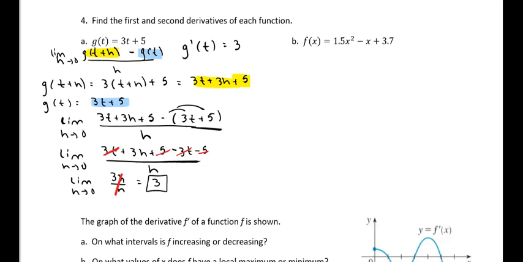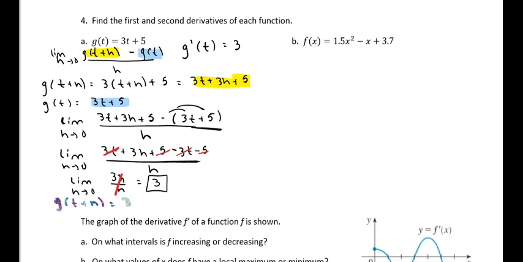Now, what if we wanted to take the second derivative? Because it asked us for the first and the second derivative. Well, the problem is that we have a constant. So if we were to try to go back and put this into our formula, if we were to try to find g of t plus h for 3, well, the problem is we're just going to have 3, because there's nowhere to put the t into. There's nowhere to put another t plus h.